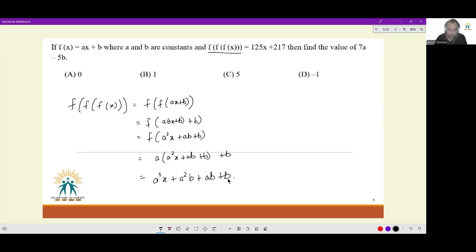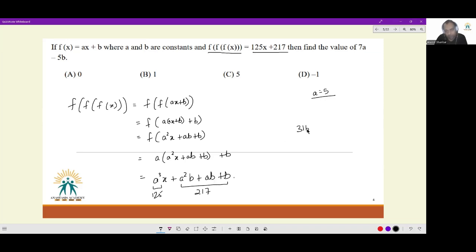And now this has been told to us as equal to 125x plus 217. So this portion should be 217 because this is the constant portion. This a cube should be 125, which gives us a clear indication a has to be equal to 5. Once a is equal to 5, look at this second part. a square b is 25b, ab is 5b, plus b.